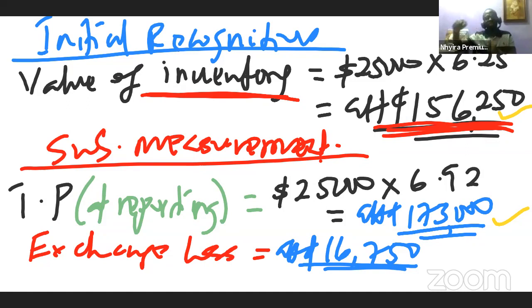Once it becomes a non-monetary item, it will be accounted for based on the accounting standard, but the forex exchange thing will not affect it. So if it's an inventory, on subsequent measurement, it will be accounted for in accordance with IAS 2, lower of cost or net realizable value. If it is property, plant, and equipment, then on subsequent measurement, it will be accounted for either at the cost model or the revaluation model in accordance with IAS 16. So that is it.